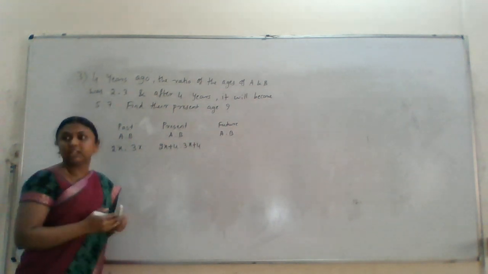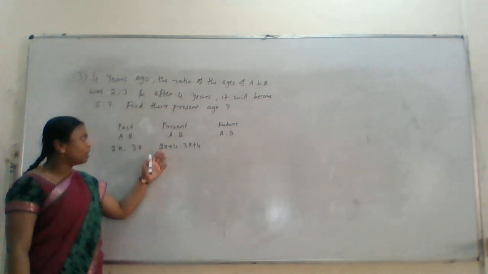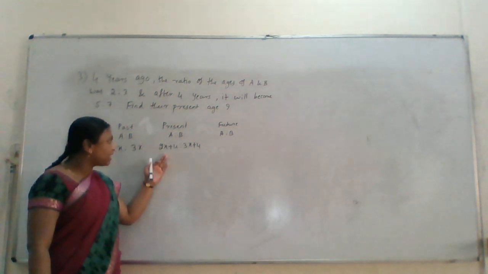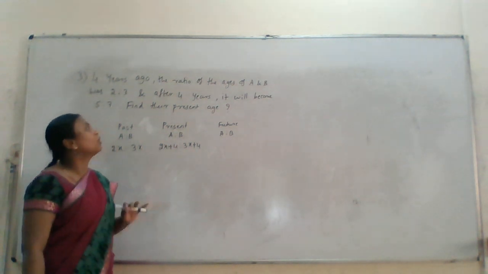So the present ages of A and B are 2x plus 4 and 3x plus 4.